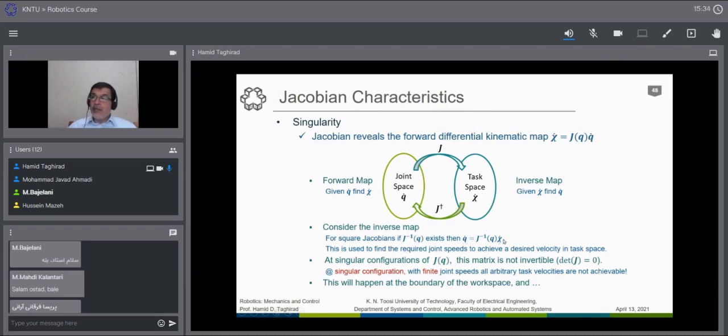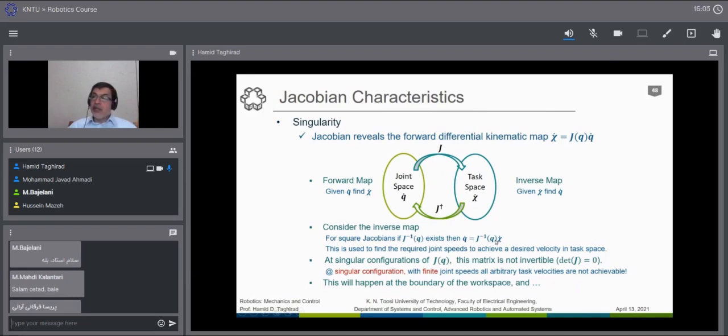If we would like a desired velocity in the space, a certain angular and translational velocity for the end effector, how should we provide that with the actuator joint angles? We usually provide the joint angle to get that, and this relation provides this demand.